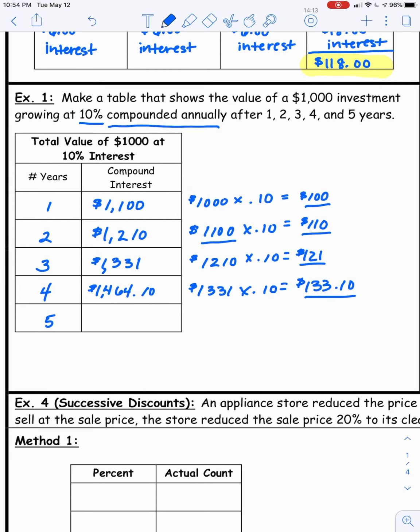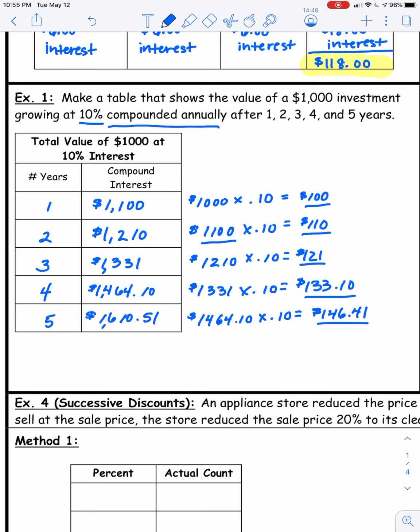And then finally, for that 5th year, I'm going to be making 10% interest on the balance that I ended with in year 4. And that amount is going to be $146.41. I'm going to add that to my balance at the end of year 4. And at the end of year 5, I'm going to have $1,610.51.